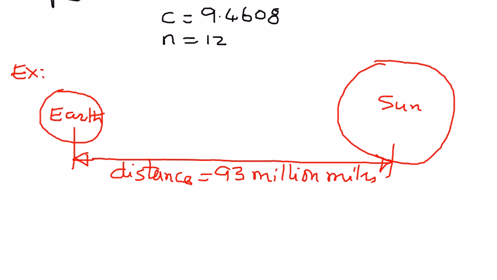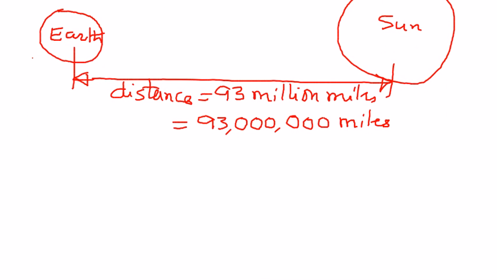We can write that as 93 followed by 1, 2, 3, 1, 2, 3. Ones, tens, hundreds, thousand, 10,000, 100,000, million, 10 million. So 93 million miles. The Earth is 93 million miles from the Sun. This is a large number.